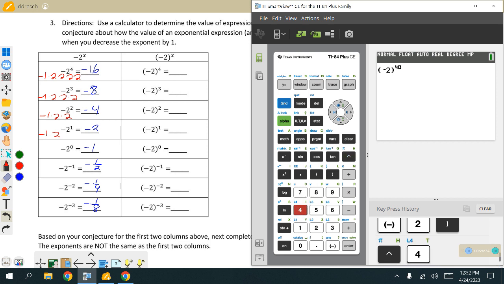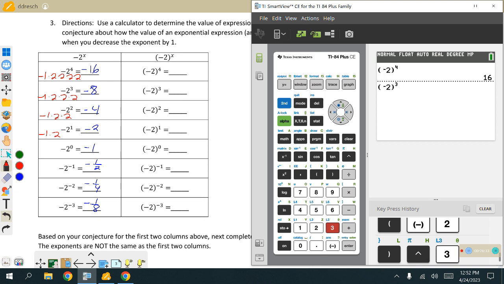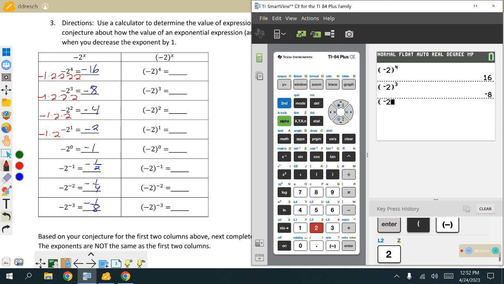What did you get now? Did you get a positive, or negative 16? And then go do the next one. Negative 2, what? To the 3rd. And then go to the next one. Fill out that next column. Then positive 4 and negative 2.